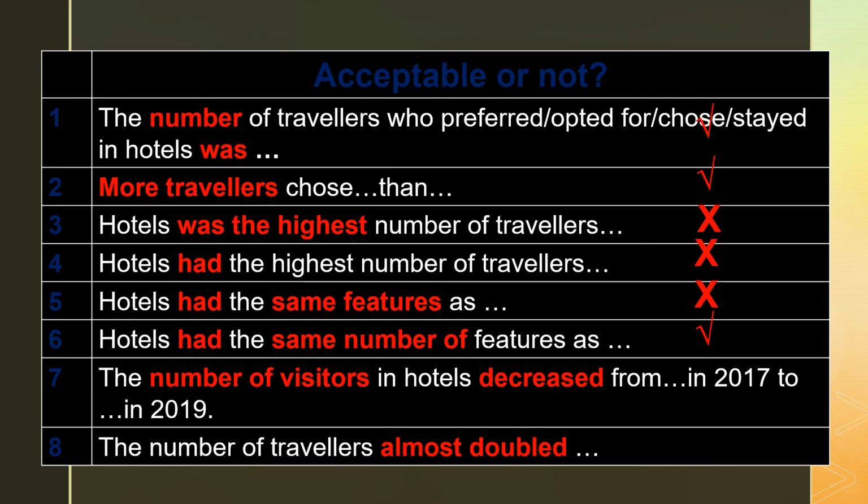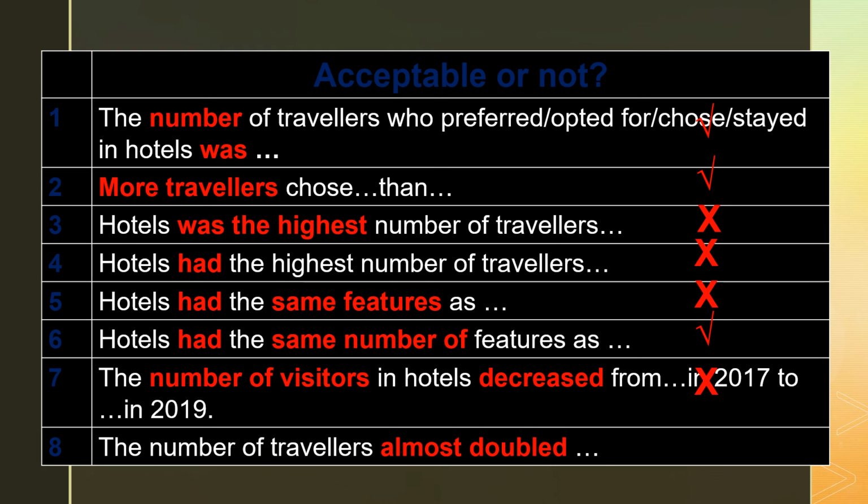Okay, hotel had the same number of features. The previous one has same features, it gave different meaning. We should give the number. Missing the word number here, therefore it is inaccurate.